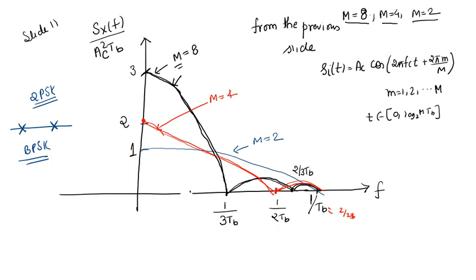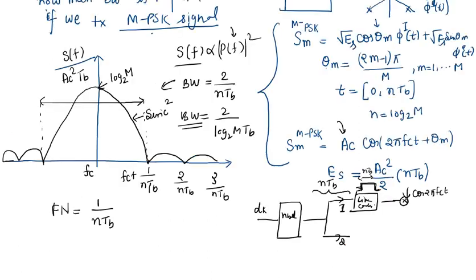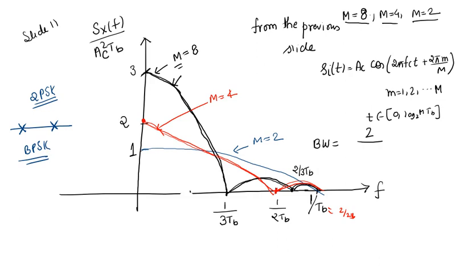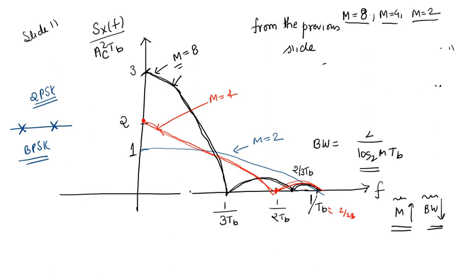Now you can easily see that the bandwidth required is 2 upon log2 M Tb, and therefore as M increases, the bandwidth requirement will decrease. So if we transmit a higher order PSK signal, the bandwidth requirement will decrease, as you can see by the formula. We have already written it in the previous slide.